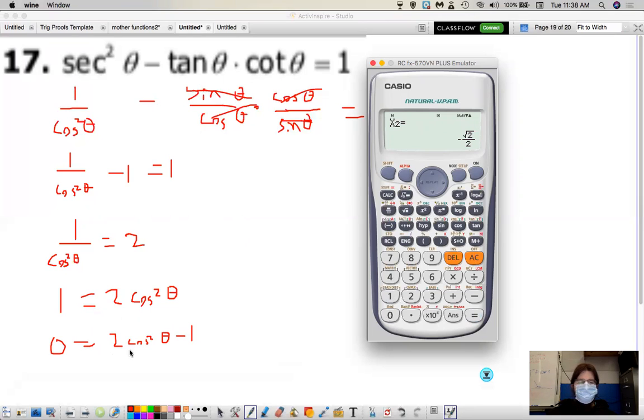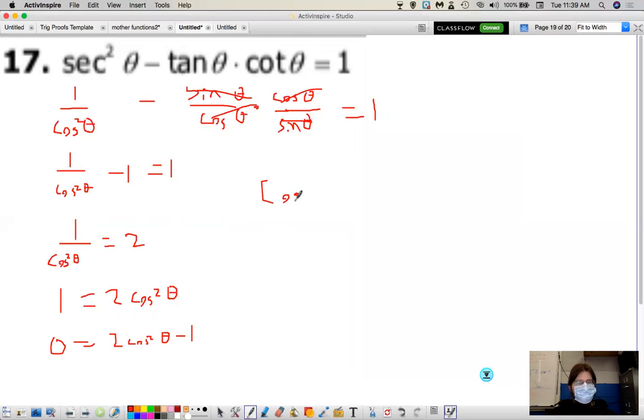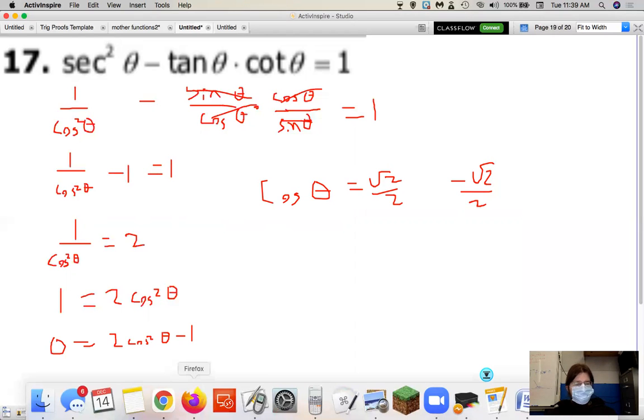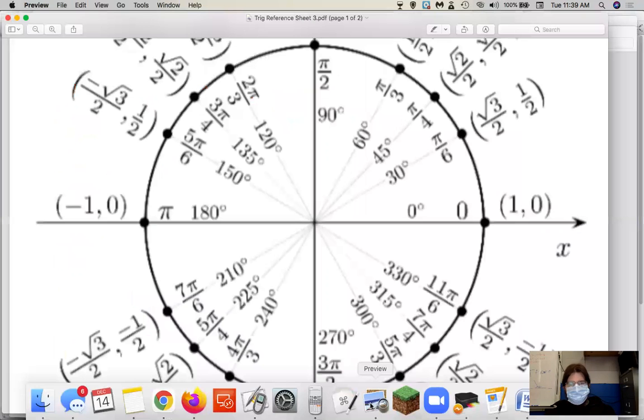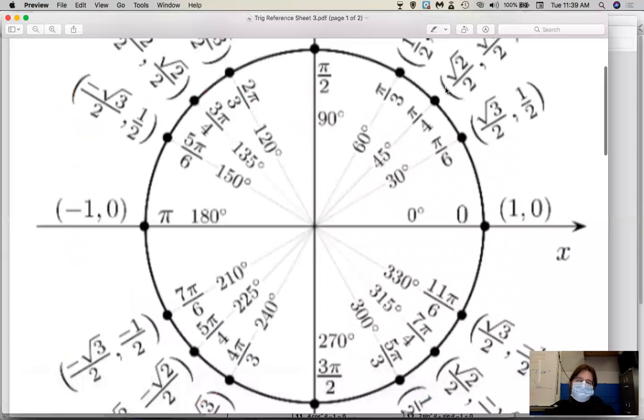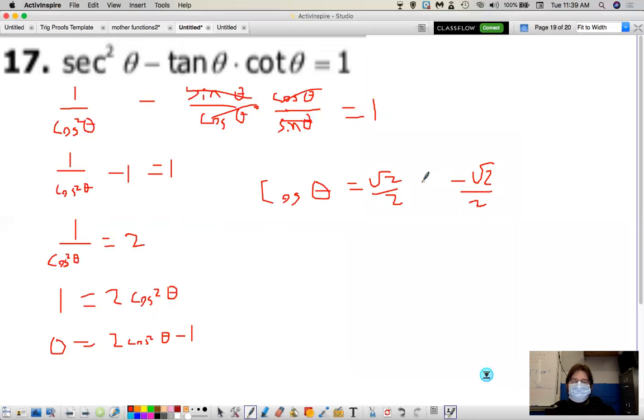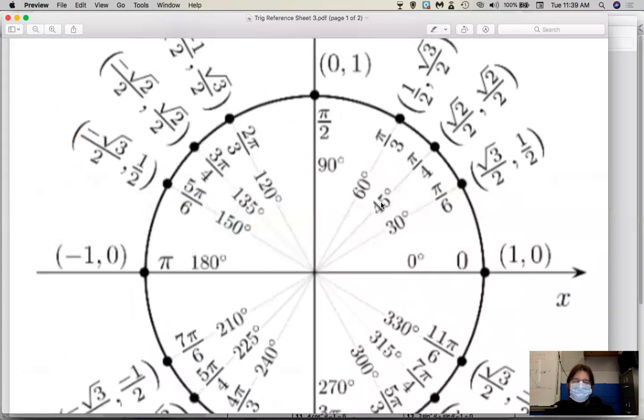Square root of 2 over 2 and negative square root of 2 over 2. So that's at my 45s. Positive at 45 and, we're doing cosine?